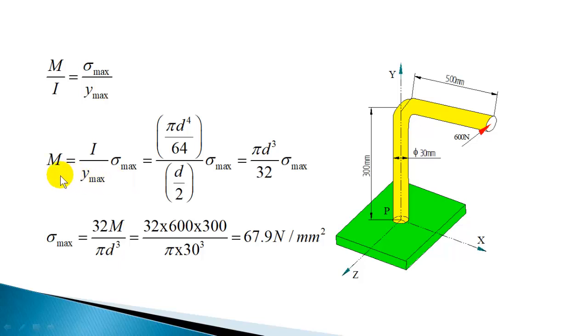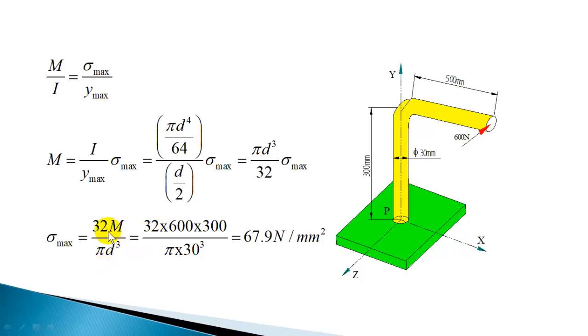So M is pi by 32 d cube into sigma max, or sigma max is 32 M by pi d cube. So the maximum stress induced on the surface due to bending can be found out as 32 M by pi d cube. This is for a solid circular shaft. The bending stress induced due to a bending moment M is 32 M by pi d cube. This will be the maximum bending stress induced.